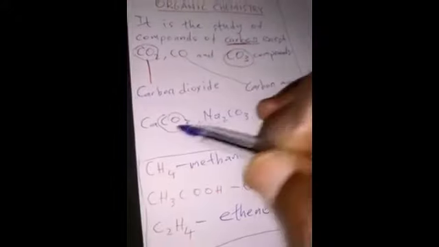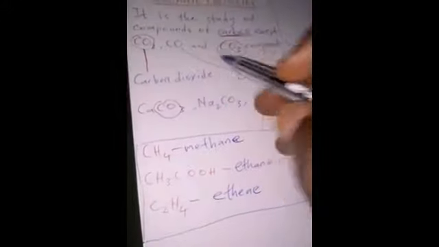So when you have to explain organic chemistry, it is the study of carbon compounds except CO2, CO and CO3 compounds. That is the definition of organic chemistry.